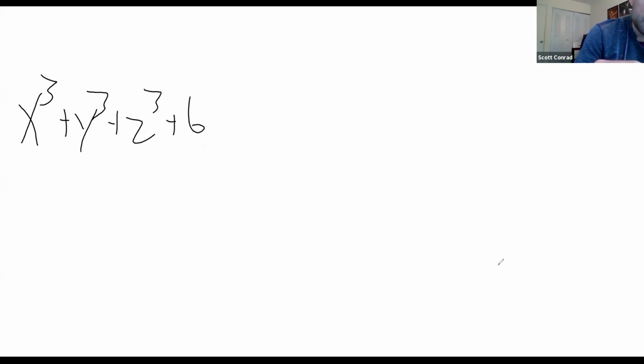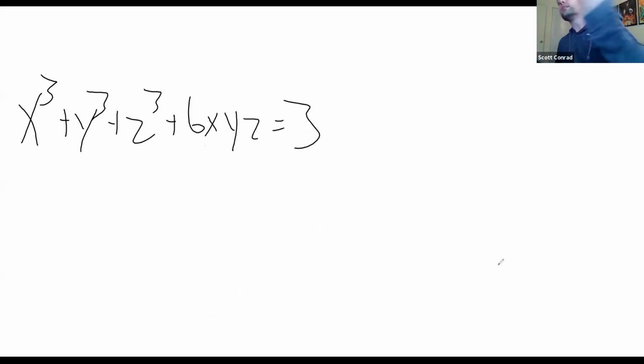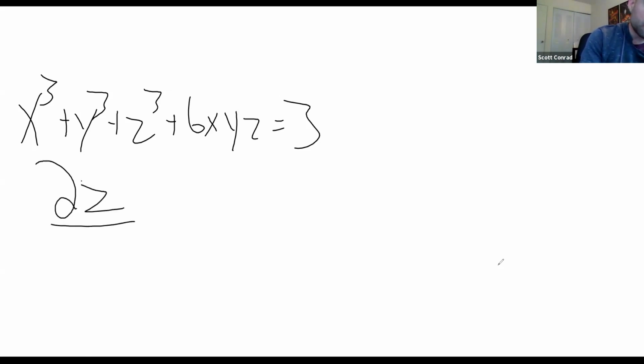So let me write that again. We had x cubed plus y cubed plus z cubed plus 6xyz equals 3. So z is a function of x and y, even though it's defined implicitly. So we can take the derivative of z with respect to x and the derivative of z with respect to y.